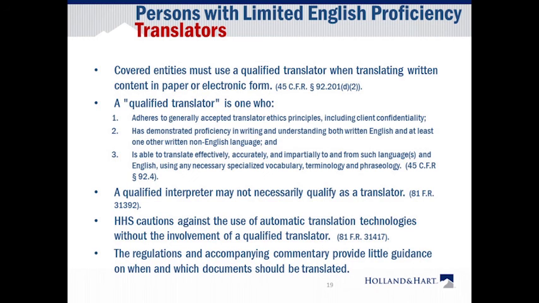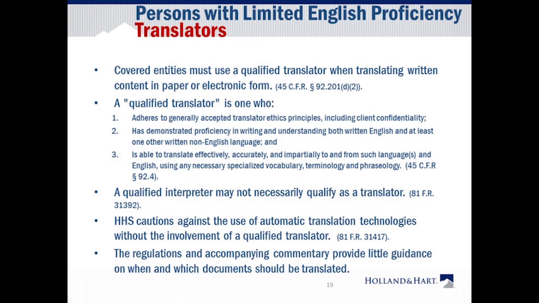Number two, has demonstrated proficiency in writing and understanding both written English and at least one other written non-English language. So not enough to be proficient in the spoken word. Here we're talking about proficient in the written word. And three, is able to translate effectively, accurately, and impartially to and from such language or languages and English using any necessary specialized vocabulary, terminology, and phraseology.